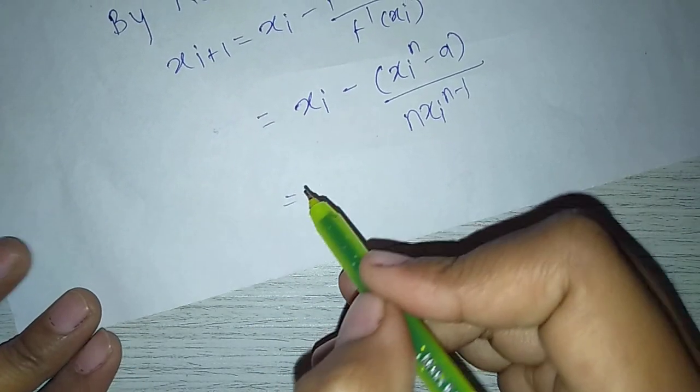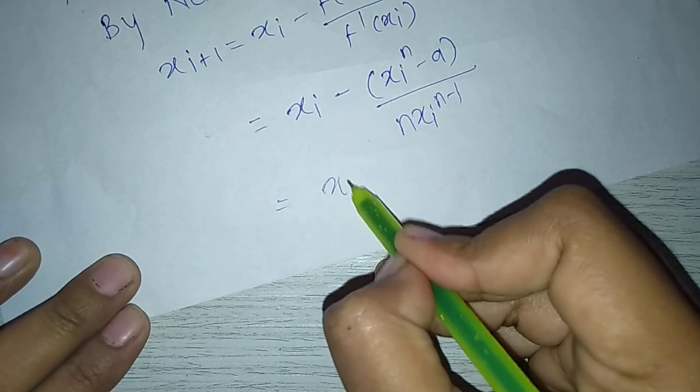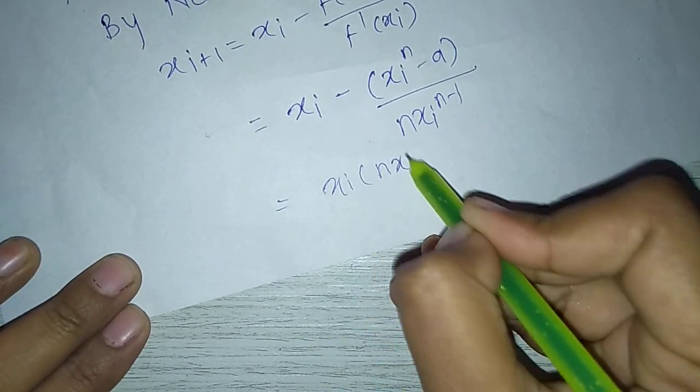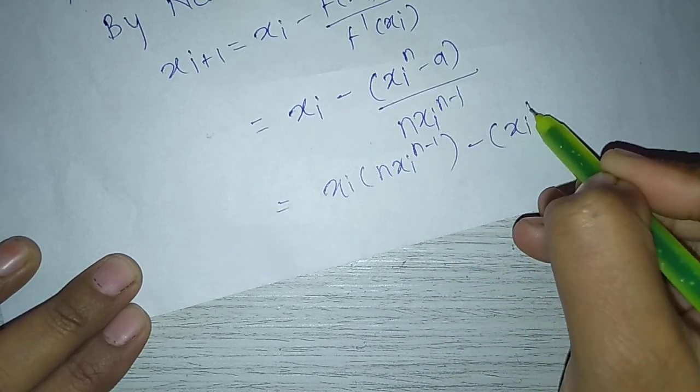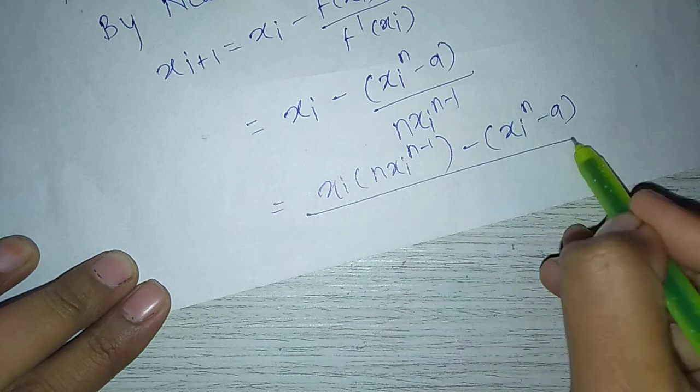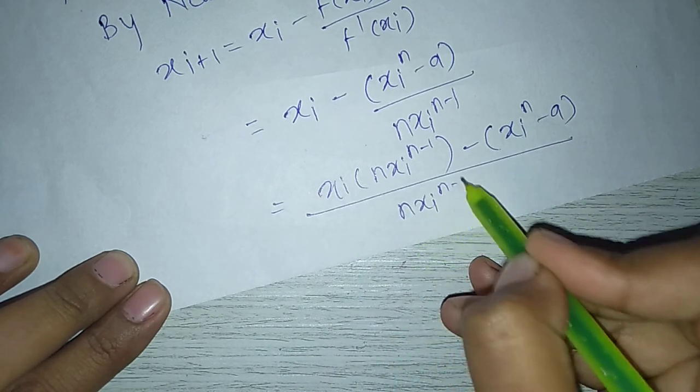Which is equal to, by cross multiplication, (x_i * n x_i^(n-1) - (x_i^n - a)) / (n x_i^(n-1)).